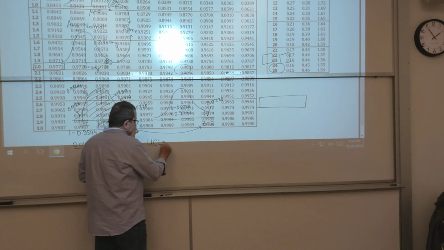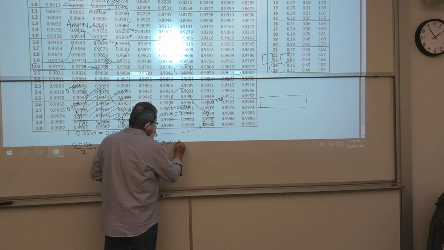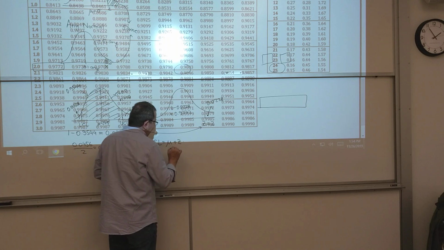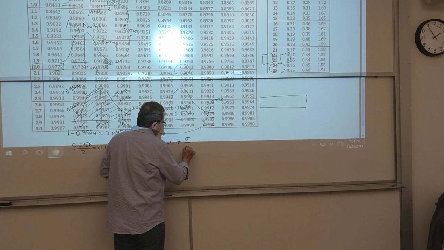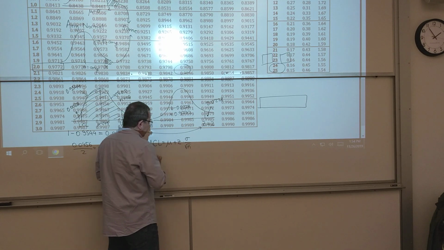The formula is this, mu plus z times sigma over square root of n.